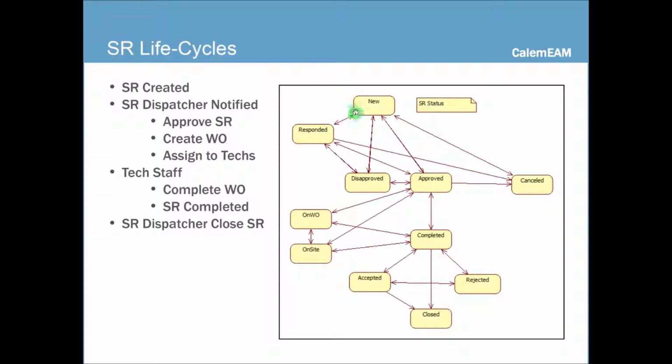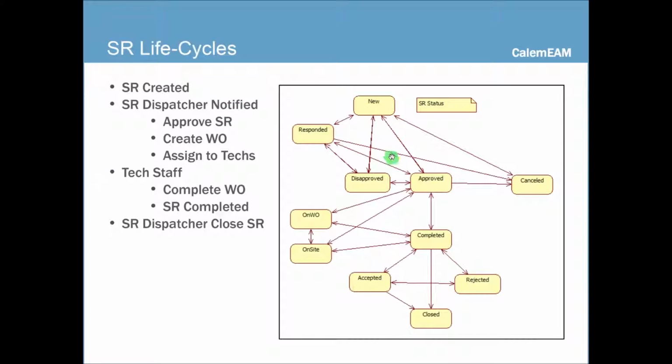Let's look at the SR life cycle. When an SR is created, it's in a new status. The SR dispatcher can turn it into responded and then into approved, or the dispatcher can disapprove or cancel the SR if it's a false alarm or if it's a duplicate.